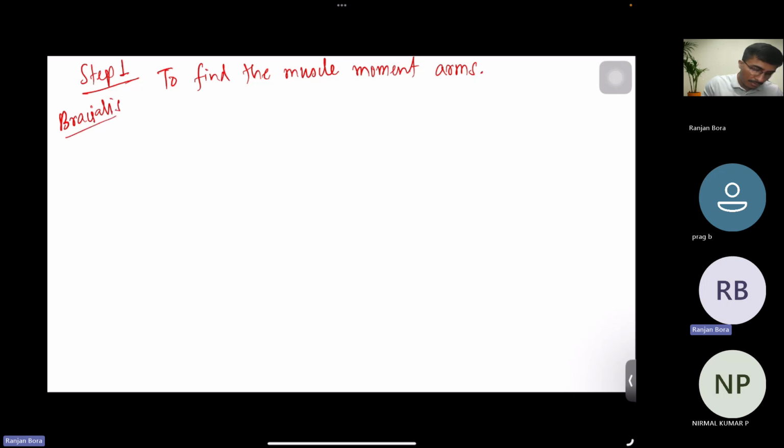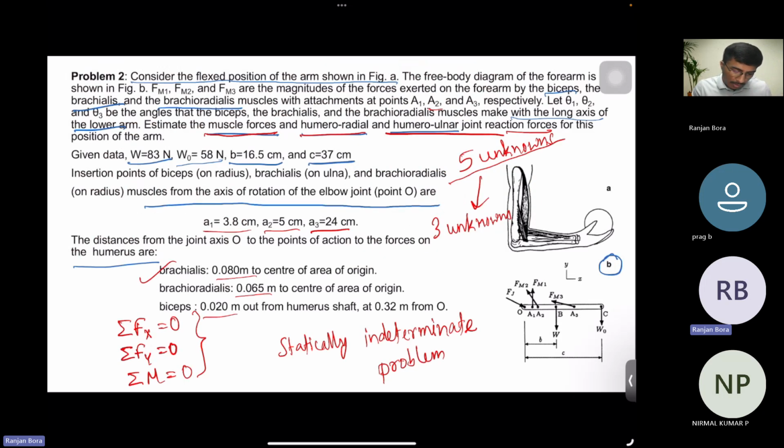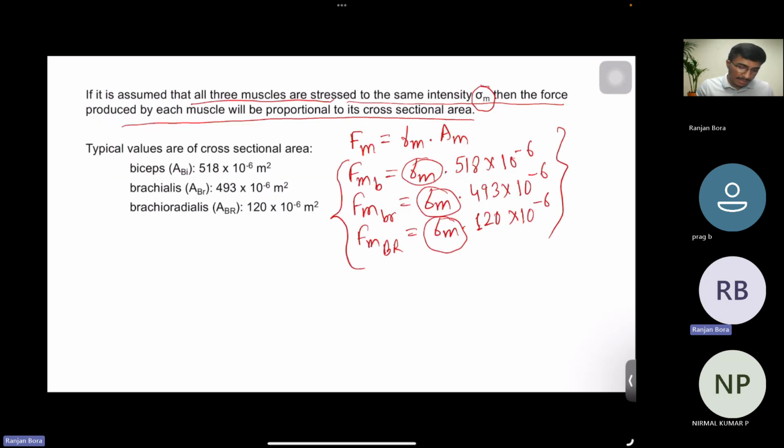Okay, I will draw this. Along this M2 will act, and this is given A2, and this is given 0.08 meter. We'll calculate in centimeter, so it will be 8 centimeter.